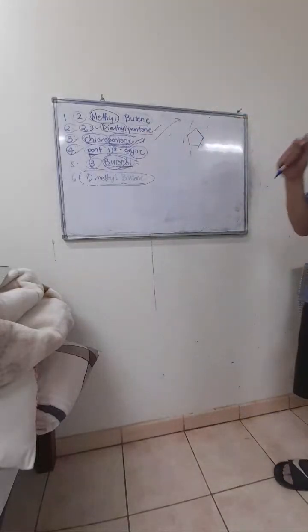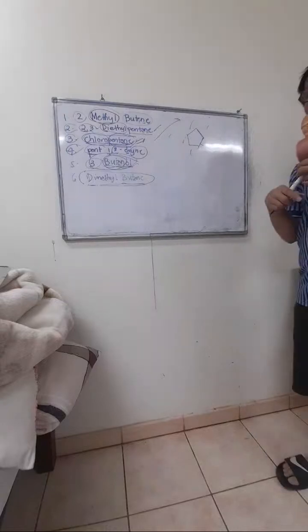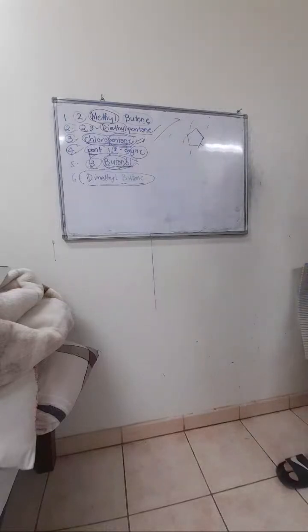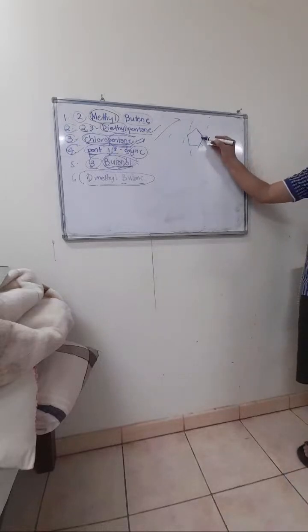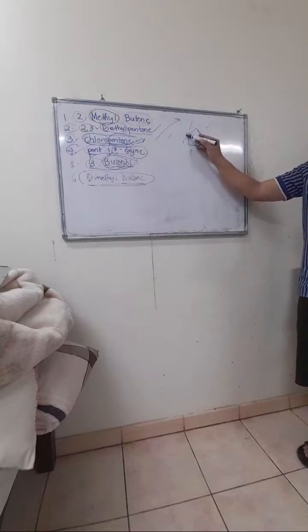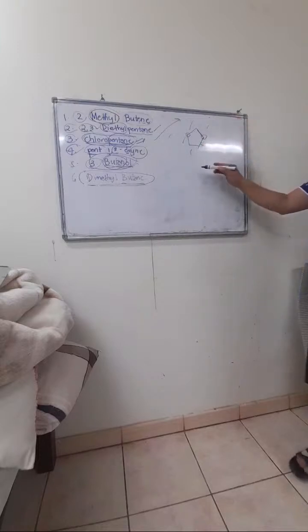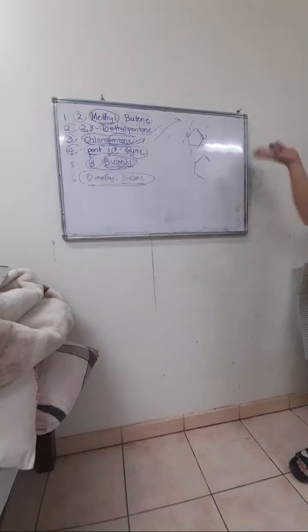Now the rule in a cyclic ring: your carbon number 1 will start in the shoulder of that particular polygon. What is the shoulder here? This one, right shoulder, and the other one is also a shoulder. This is for the pentagon. For the benzene, it gets confusing because there are so many starting points for putting the number 1.